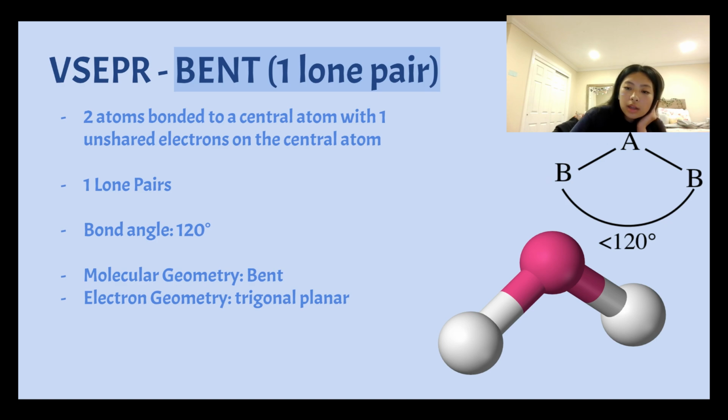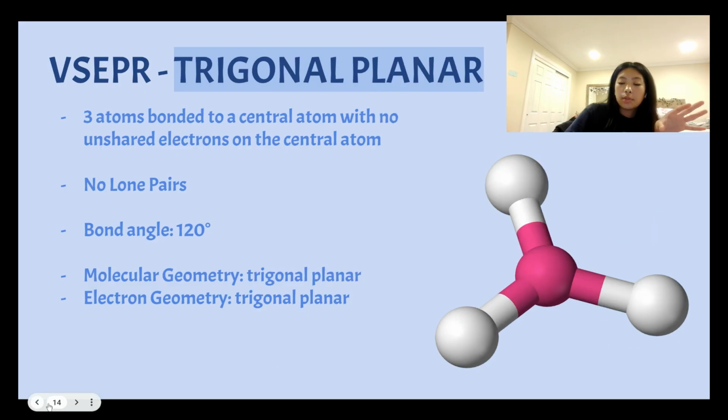If you look at the molecular geometry, this is bent, right? But if you look at the electron geometry, when you're actually looking at the lone pairs on top of that central atom, the electron geometry is trigonal planar because this shape that it forms is the same shape over here.